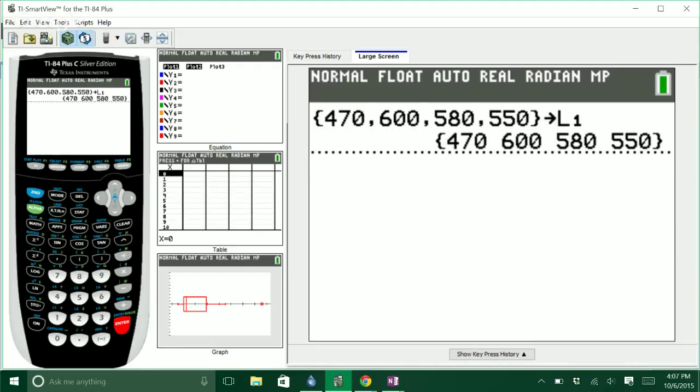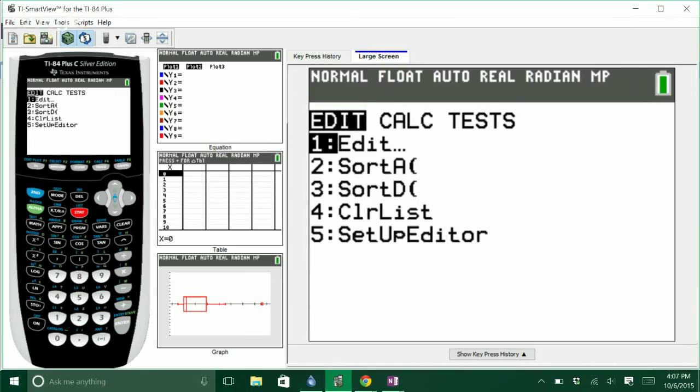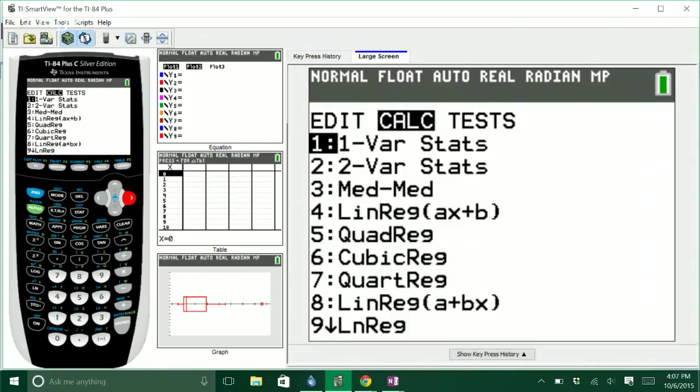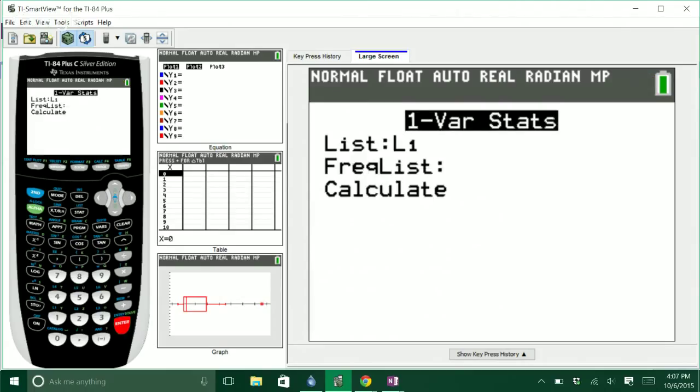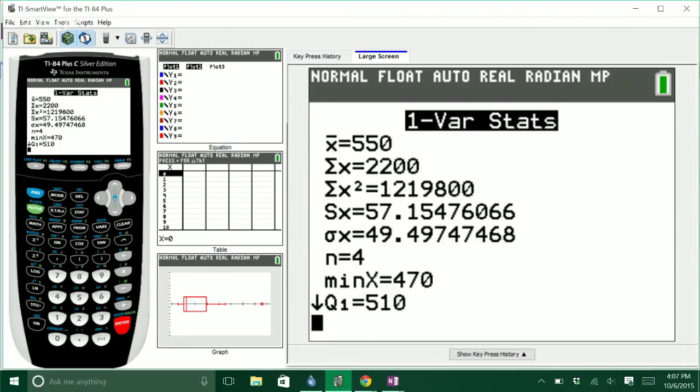For a longer list, you don't want to do that, but for a short list, do that. And let's just do one of our stats again. Standard deviation. This is a sample, right? Yes, that is a sample. So 57.15.